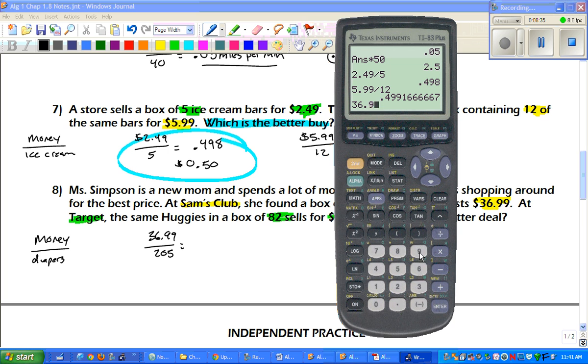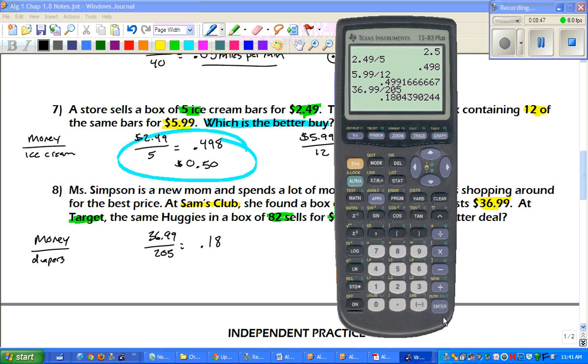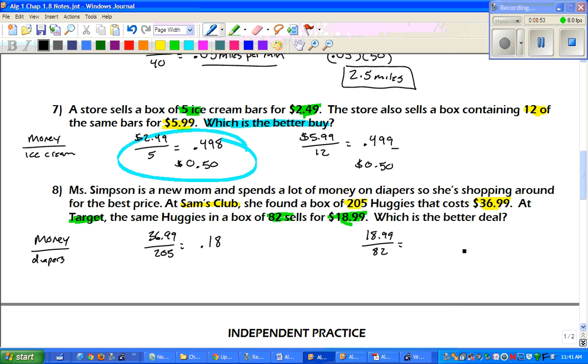So 36.99 divided by 205 gives us a price of 0.18, or 18 cents. And 18.99 divided by 82 gives us 23 cents. So the better buy would be to go to Sam's Club and buy those diapers.